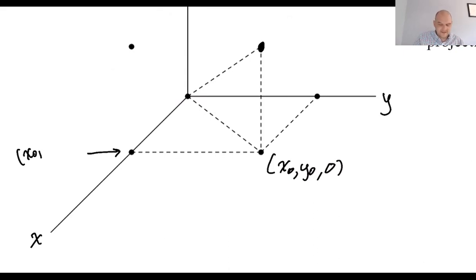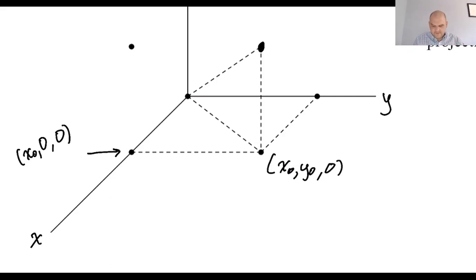We're on the x-axis, so y is 0, and the z value, we're in the xy plane, so z is equal to 0. Also, I just messed that up: we are on the x-axis, so y is equal to 0. Obviously we're on the x-axis. All right, and then z is equal to 0.